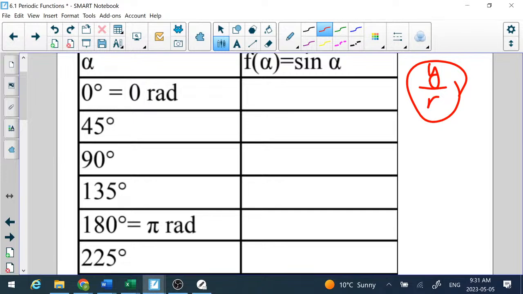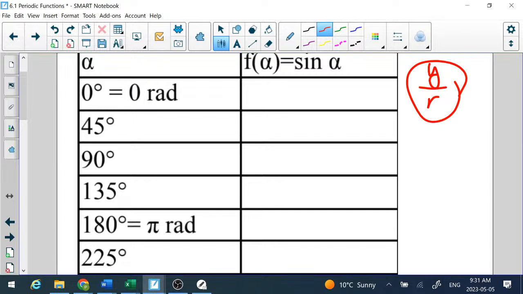We're down? Now, Matthew, what's it going to be at 225? What quadrant is 225 in? Well, just look at your circle.